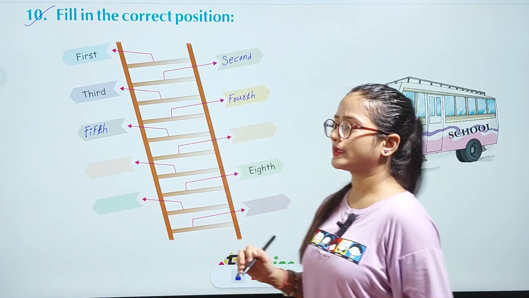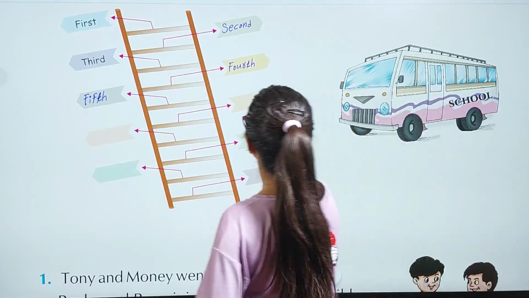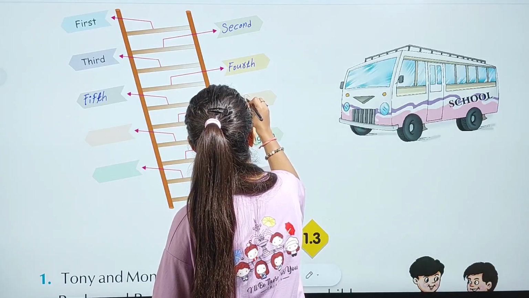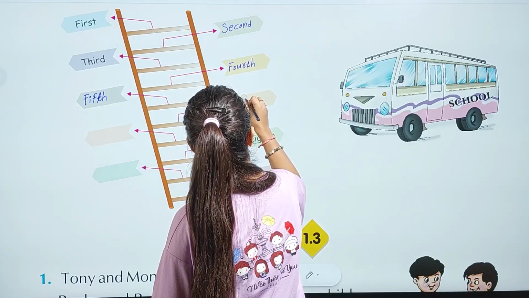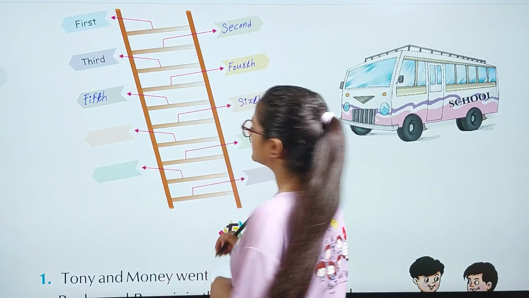After that, number 6 will come. Write down sixth, S-I-X-T-H.